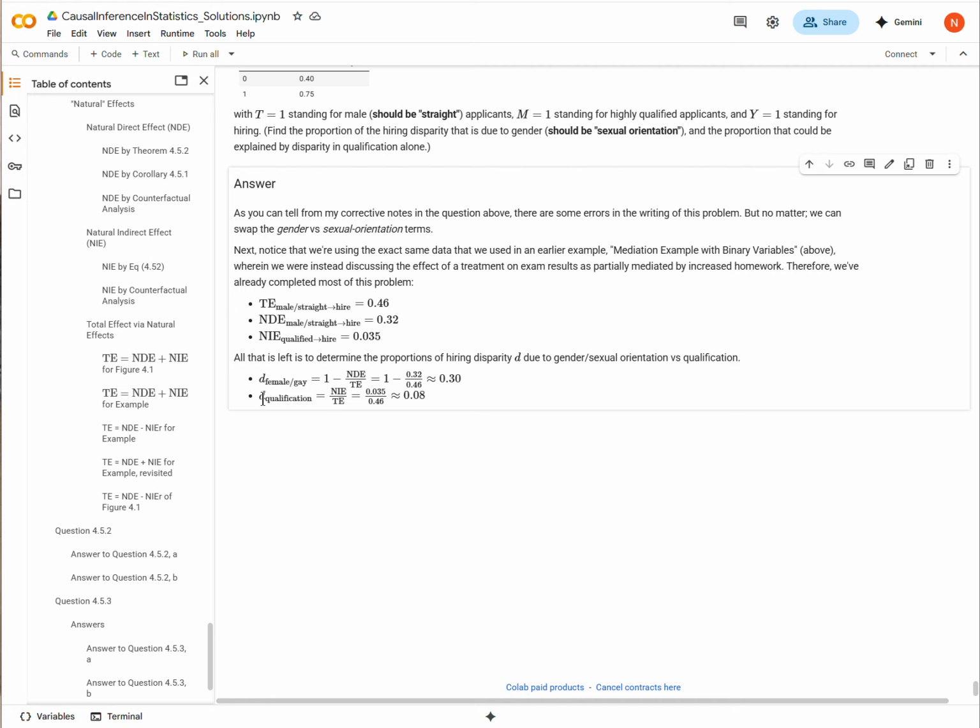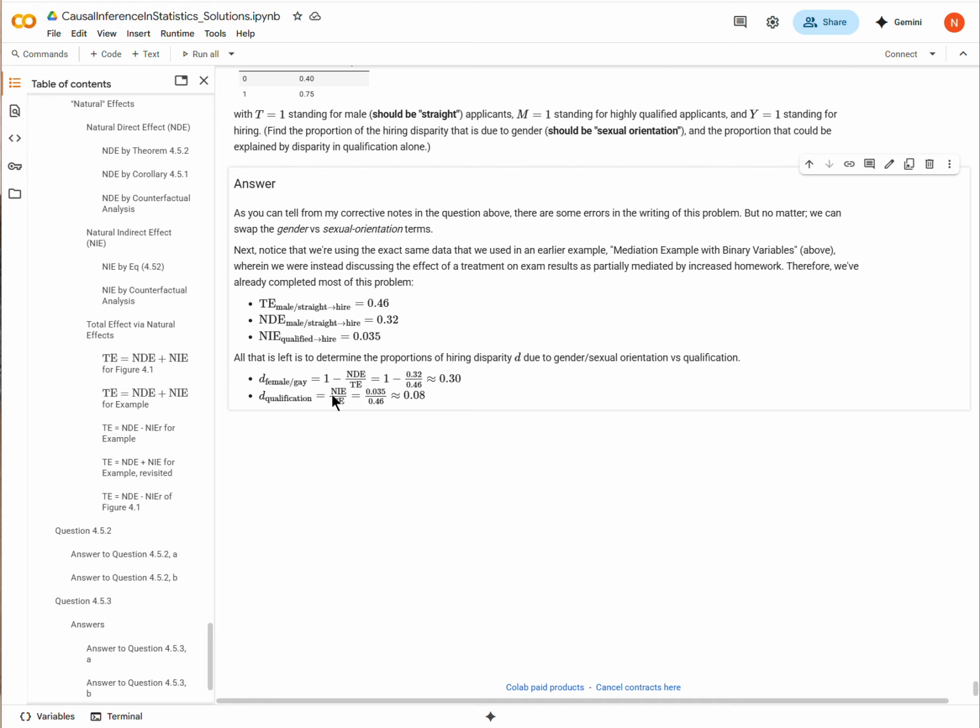Let me start with this bottom one here: the disparity due to qualification of the applicants. The way that we conceived of this was that the qualifications were the mediator for the sex or sexual orientation of the applicant. So it has to do with the NIE, the natural indirect effect.